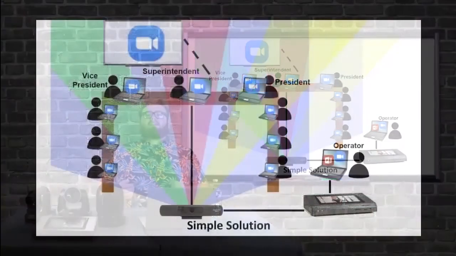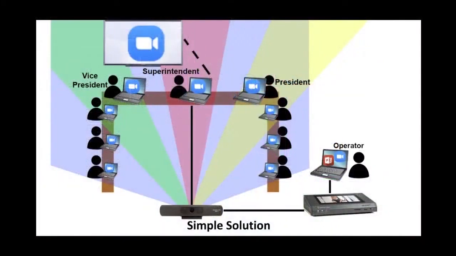You'll see on the right side you have the operator, and he's working the Pearl Mini. So he's going to set up your presets to look the way they need to in the room. Maybe he's got a presentation on the bottom and the speaker on top. But if he's got a laptop watching that Zoom, and each person presenting, when they're giving their presentation, is going to share their screen, he can feed those into the Pearl Mini.